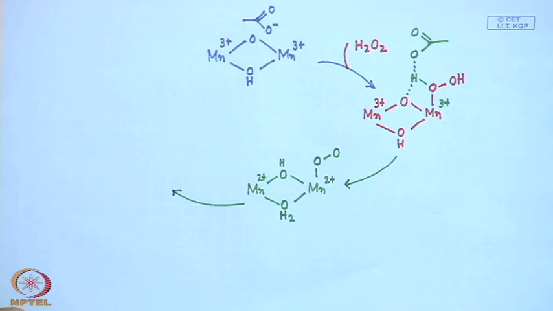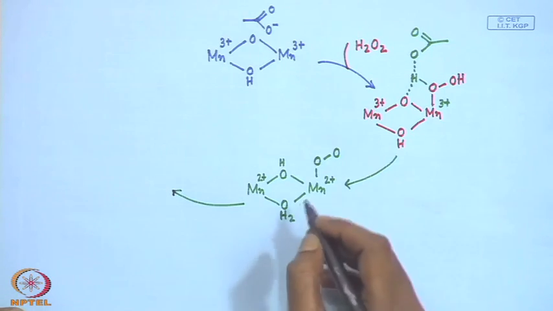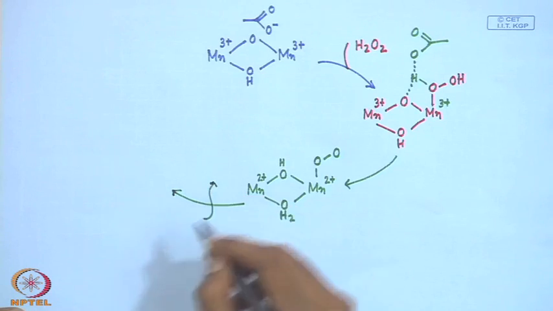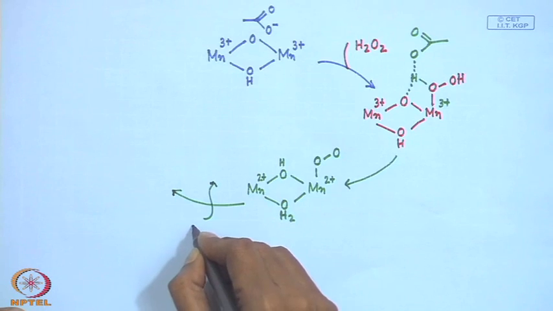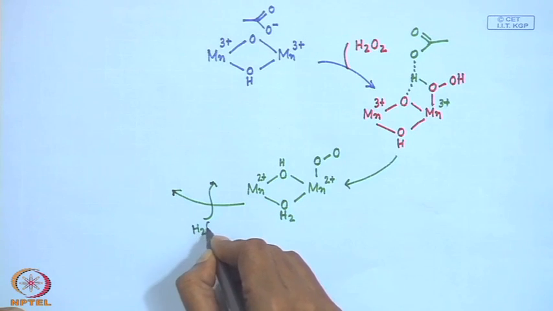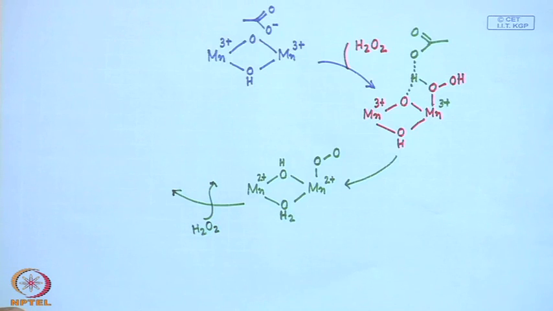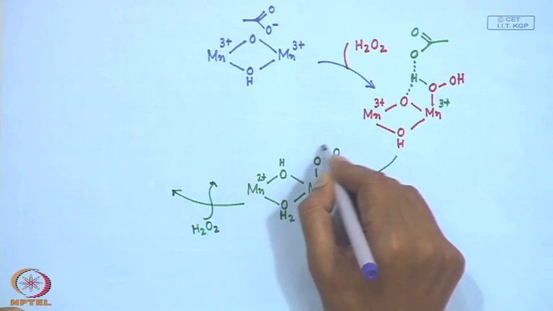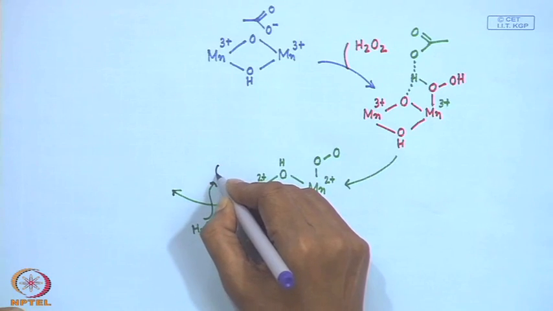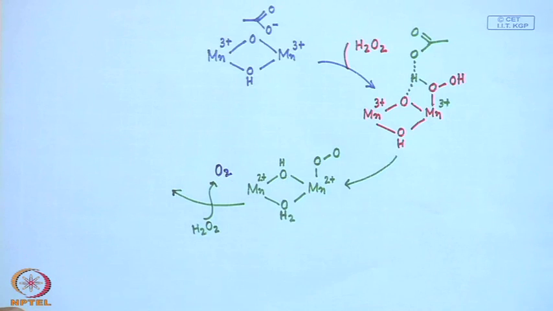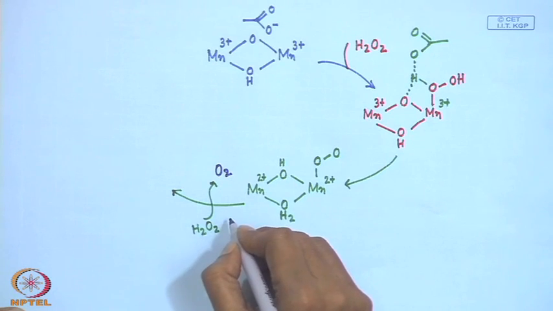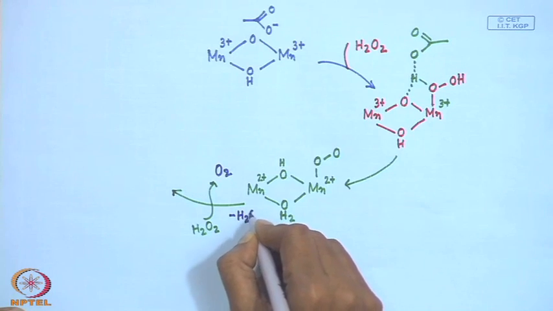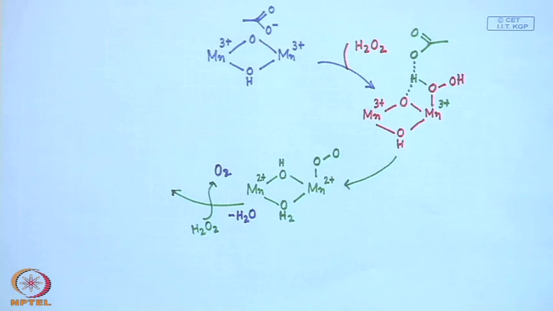So, you have the bound dioxygen molecule now. You put now the second molecule of hydrogen peroxide. When we bring the second molecule of hydrogen peroxide, this O2 molecule as dioxygen is released from there, and one water molecule is also released.